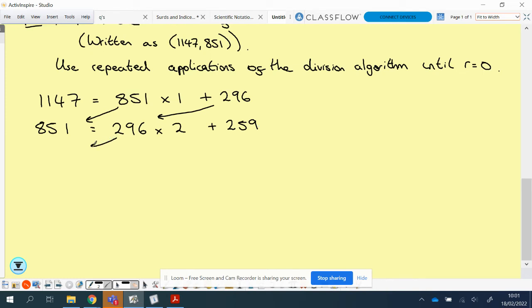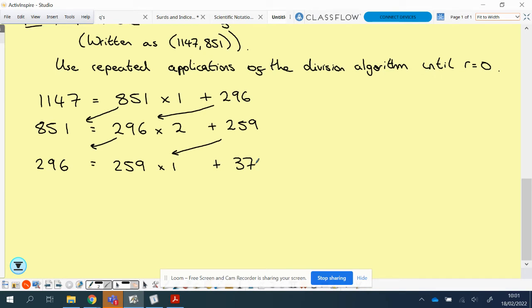So 296 will move over, and 259 will move to where the b value would be. Okay, how many times does that fit into 296? Well, it can fit in once with a remainder 37. Okay, so again, no remainder equaling 0.